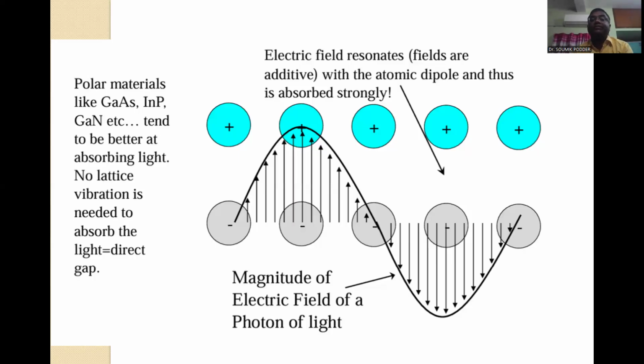This is the positive pole of the gallium arsenide, and this is the negative pole, so in between an electric field is created. This is called the atomic dipole. The electric field will resonate due to the photon emission, because the electrons directly fall to the holes, and therefore the electric field will be resonant.